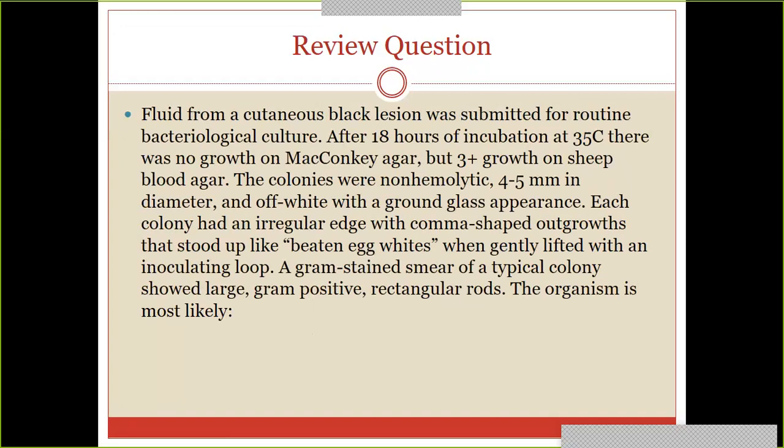After 18 hours of incubation at 35 degrees, there was no growth on MacConkey, but 3+ growth on sheep blood. Colonies were non-hemolytic, ground glass appearance. Each colony had an irregular shape with comma-shaped outgrowths that stood up like beaten egg whites. A gram stain revealed large gram-positive rectangular rods. You shouldn't even need answer choices here to answer this. Again, it's Bacillus anthracis.